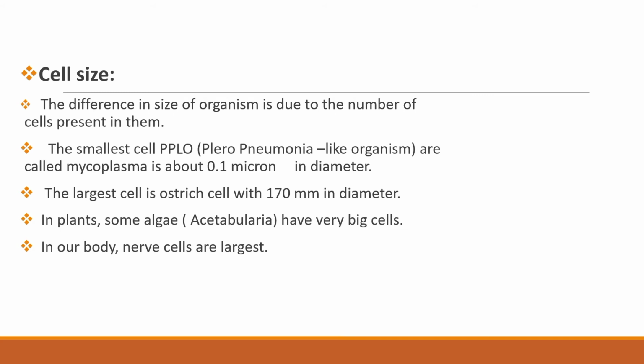Some cells vary from a few micrometers, that is one millionth of a meter, to a few centimeters. The smallest cell is the PPLO, pleuropneumonia-like organism, called mycoplasma, which is about 0.1 micrometer in diameter.